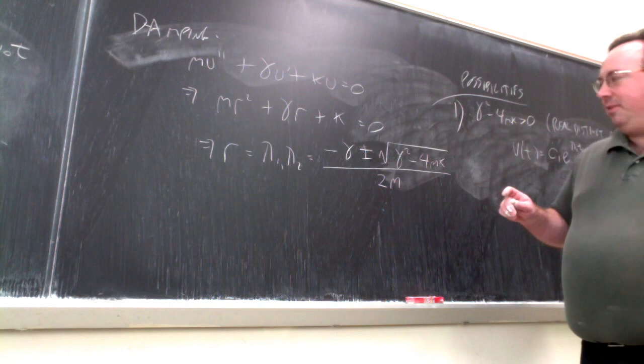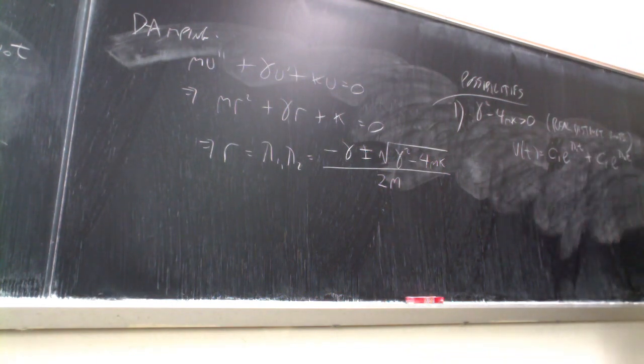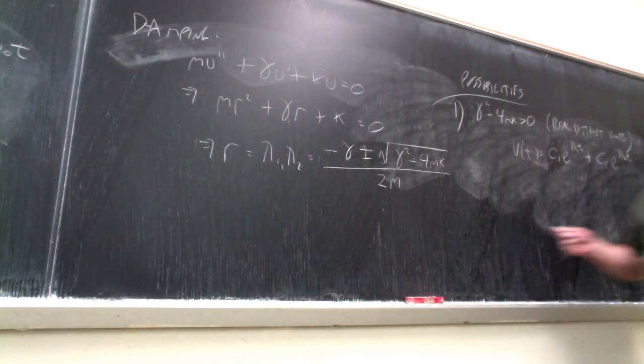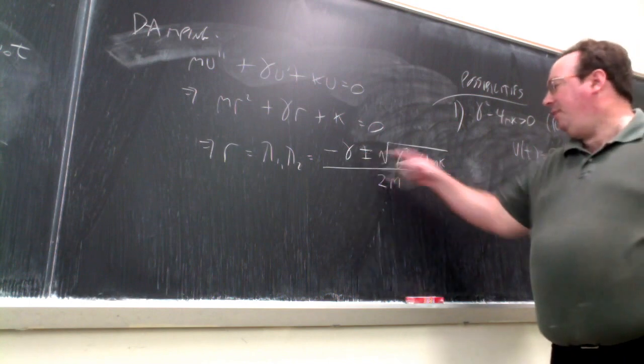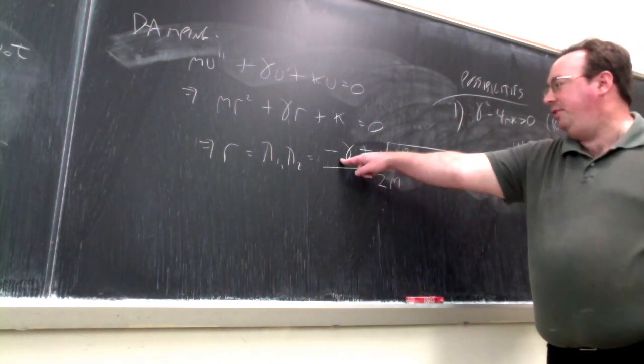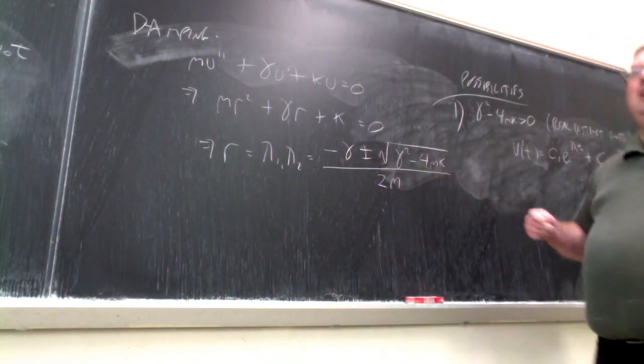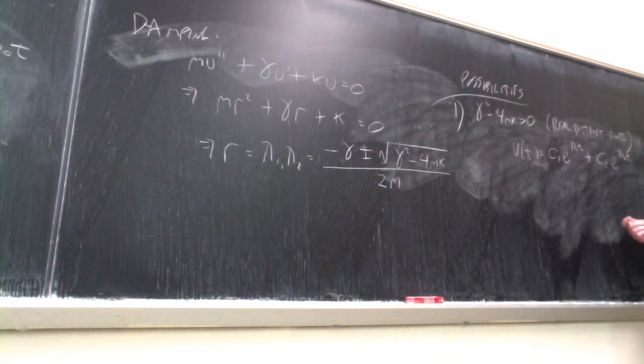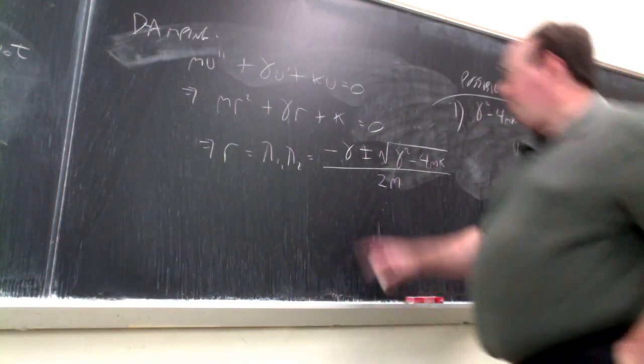Now, I'm going to do something I shouldn't do, and that is go off script a little bit. Because what's important to understand from this solution is, are the roots positive or negative in this case? Here the gamma, m, k themselves are all positive, so for instance, this is negative here. So if I choose a minus sign, obviously that's going to be negative. But what about the plus sign?